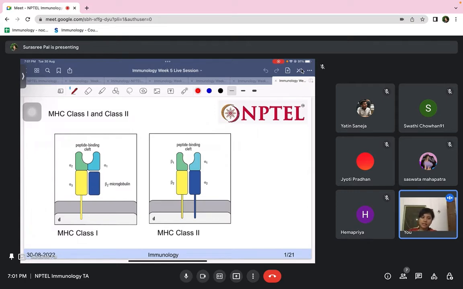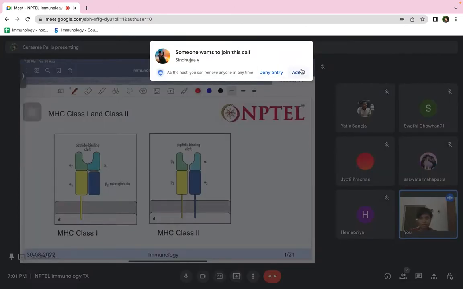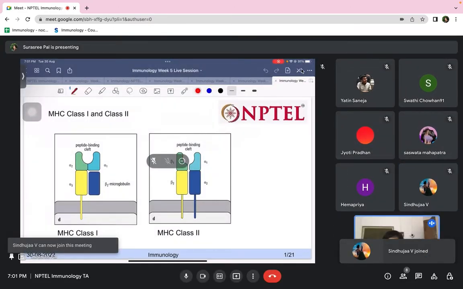Now, we also discussed in the previous session that MHC molecules are polymorphic, right? Polymorphic means it can have various alleles. And in the human population there are approximately thousands of MHC alleles present.